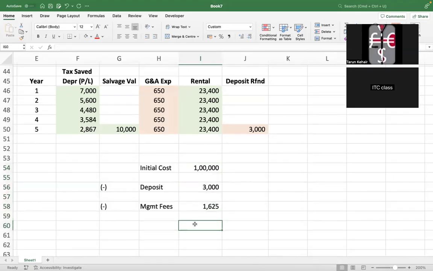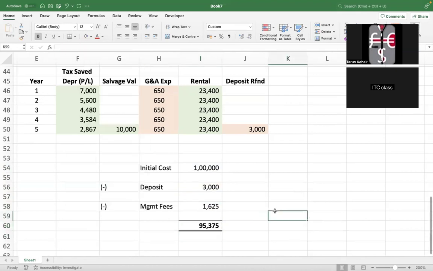So your net outlay in the beginning would be your initial cost minus your deposit minus the management fees, which is net of tax. So 95,375. So यहाँ पे आपको ये देखना है कि डिपॉजिट पे मैंने टैक्स नहीं लगाया, लेकिन मैनेजमेंट फीस पे लगाया, because डिपॉजिट इज नॉट टैक्सेबल, it's just a liability, but income management fees is a revenue, so that will be taxable. So you have to take net of tax.